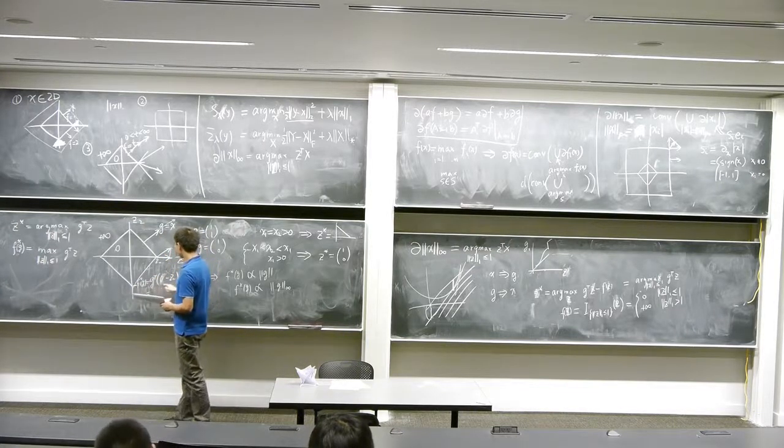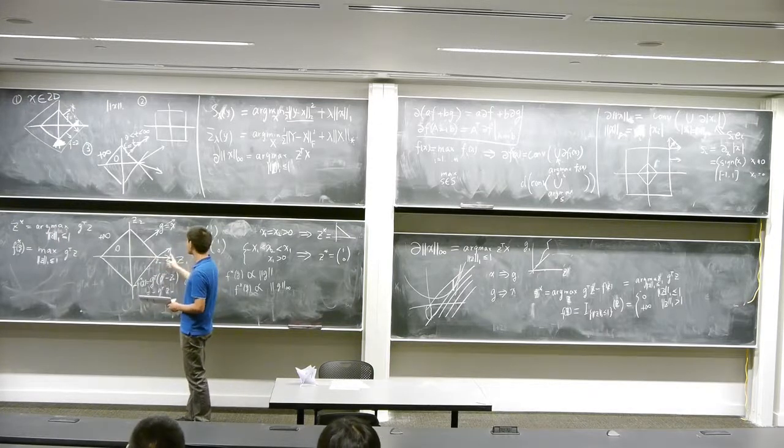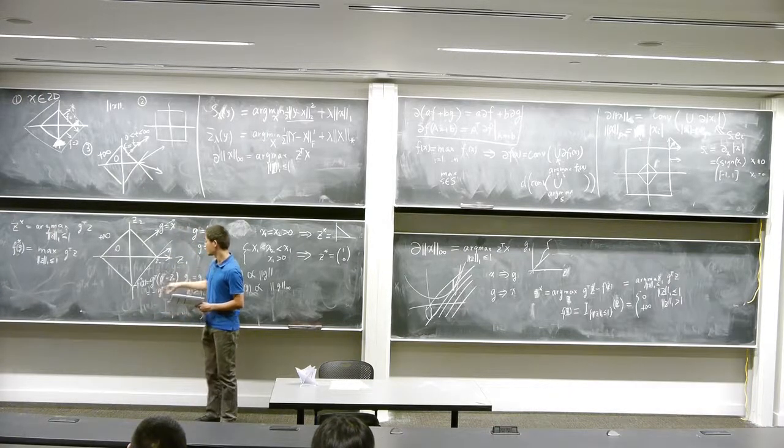And this is negative G transpose Z naught. But if you look at Z naught, it's only this direction. So only this direction matters. If you go to the other direction, as long as it doesn't go over to here, the other coordinate doesn't matter in the intersection.